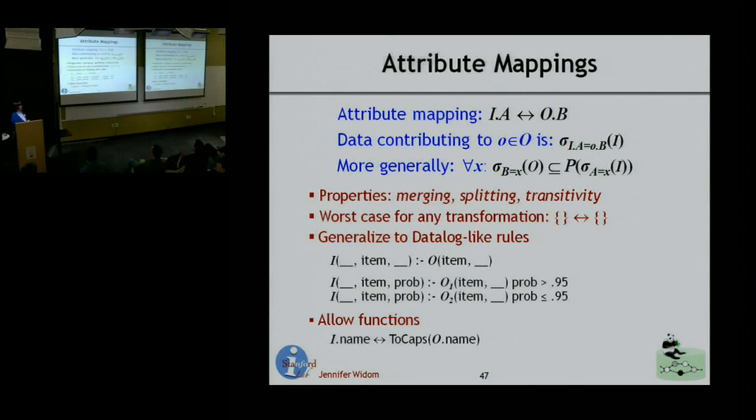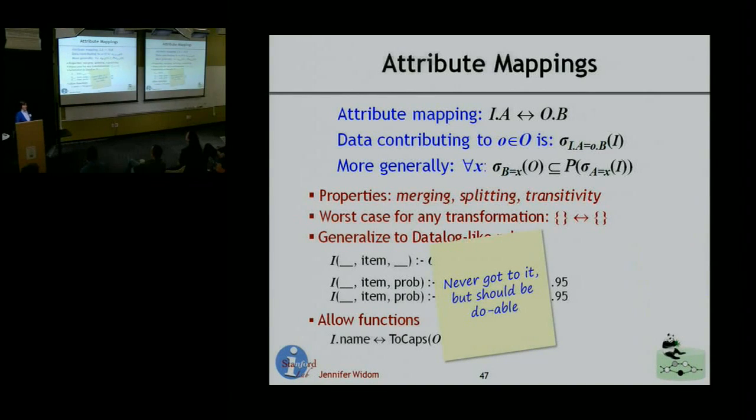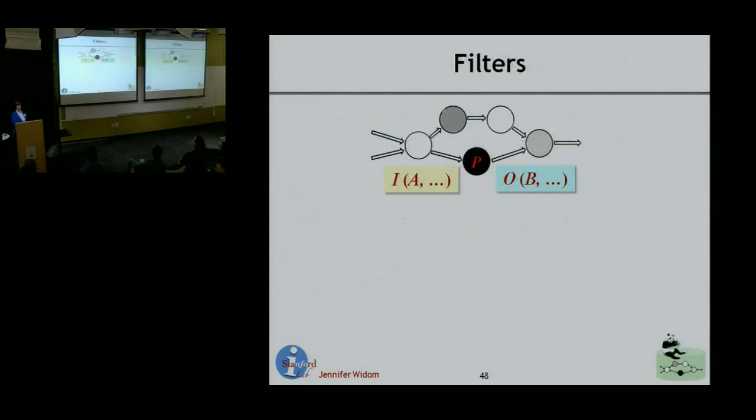You can also have functions. You can say, I map a name in one to the capitalization of the name in the other. So actually attribute mappings can be pretty nicely extended to be fairly powerful. This is the only other sticky note I'm going to mention; we actually never got to that particular aspect of it, but I think it's doable. So that's attribute mappings.